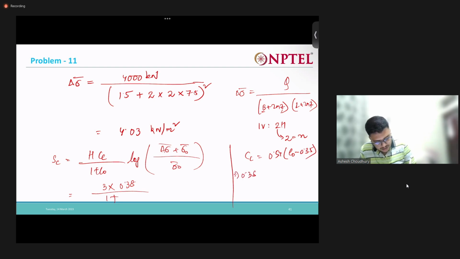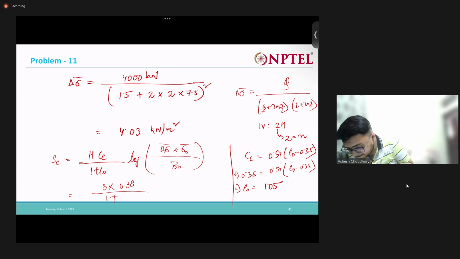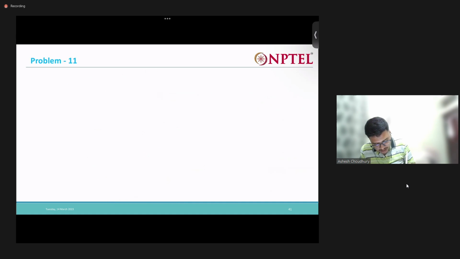You can get e naught as 1.05. Then, log of the initial stress. What was the initial stress?